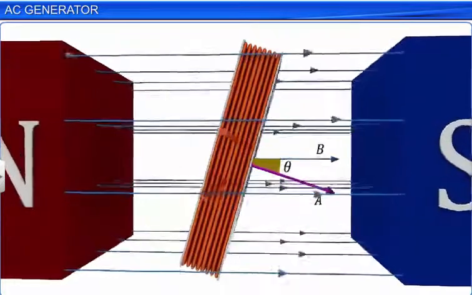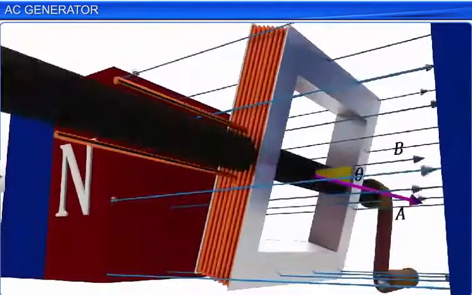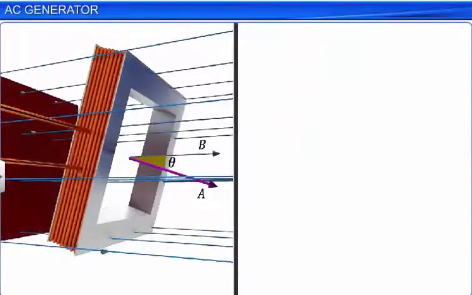When the coil is rotated at a constant angular velocity omega, the value of theta at the instant of time t is given by the equation theta is equal to omega multiplied by time t. Let this be equation 1.